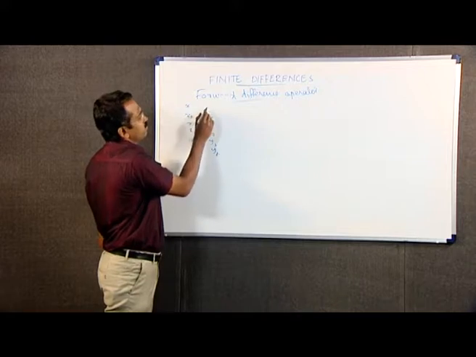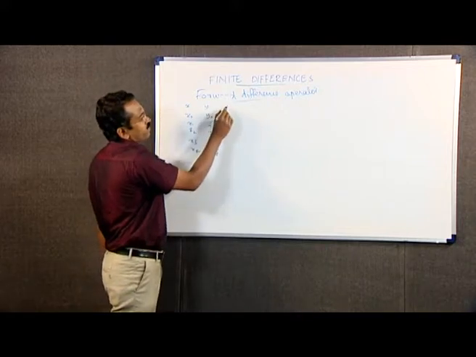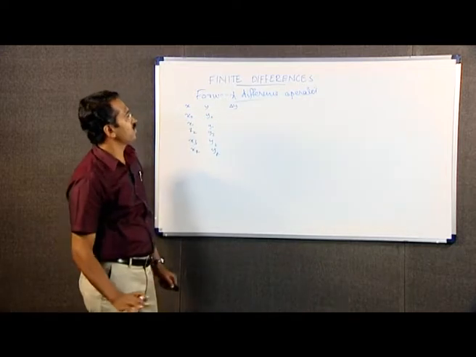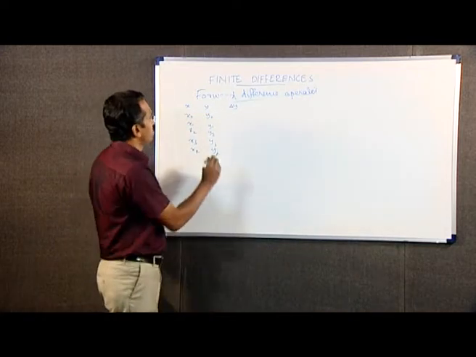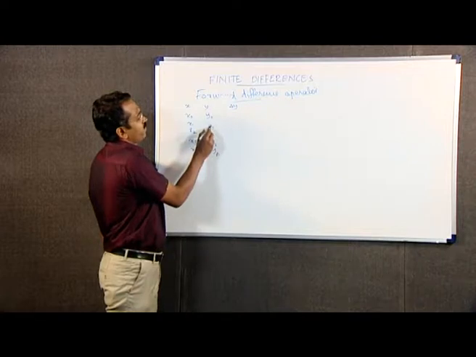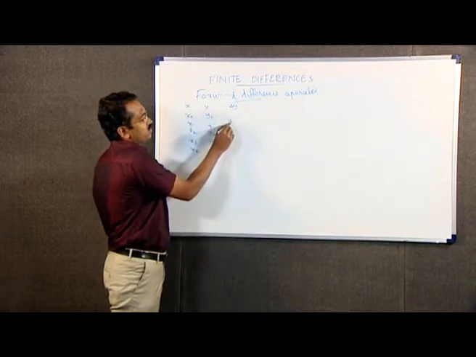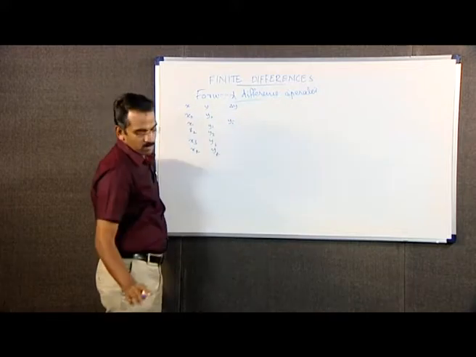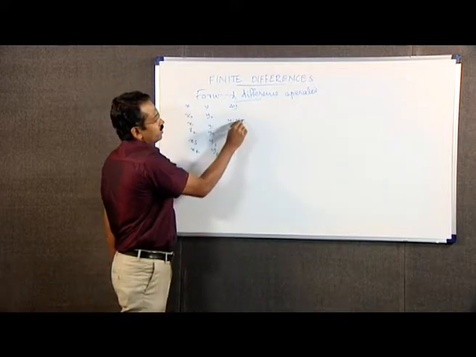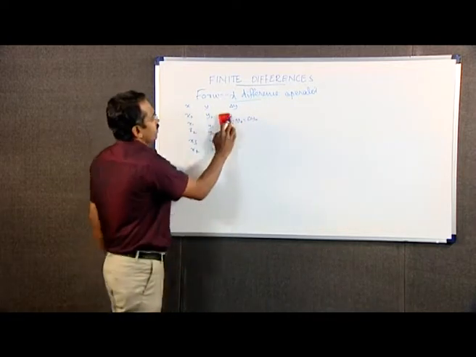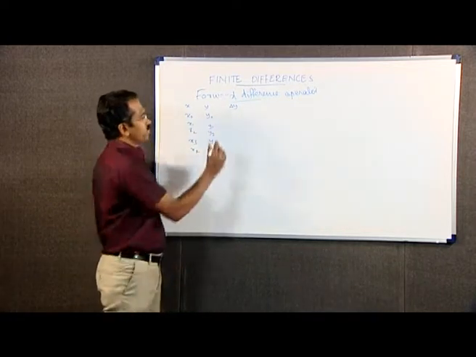This is the values of x, values of y. Now, the third column is the first differences. That is, the first difference is y1 minus y0, that is delta y0. We use delta y0 here.